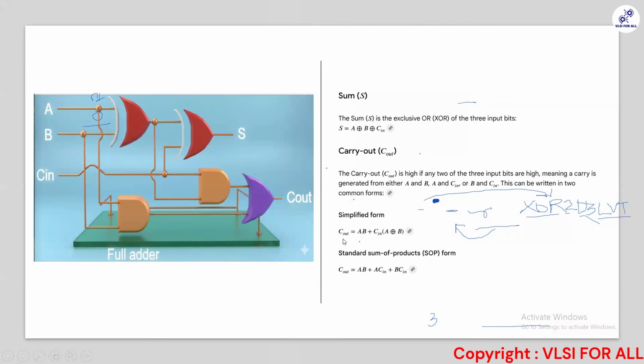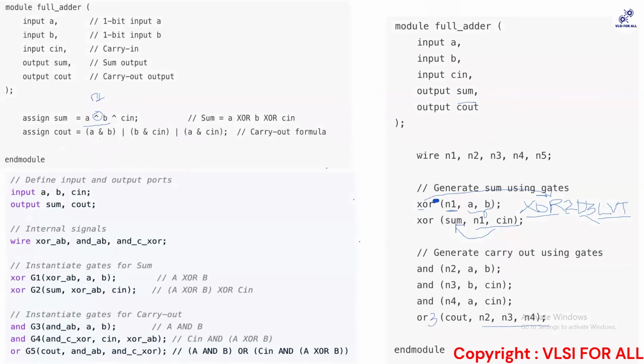So it had a simplified way, right? It did this and landed on this one because the tool knows it can optimize and reduce the number of gates. So now it uses this formula and this is the final. But now if you look, instead of 1, 2, 3, 4 gates, I am using 3 gates.